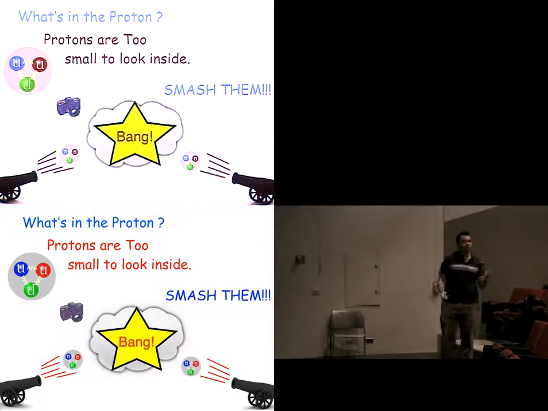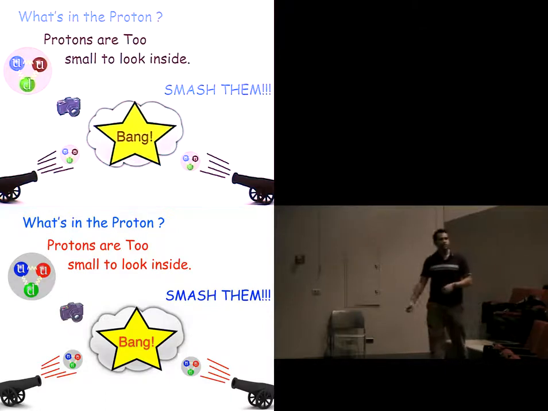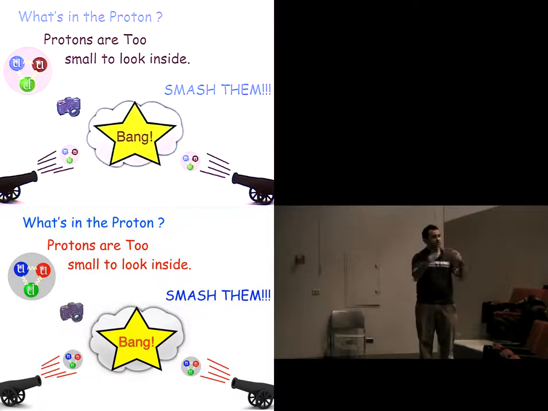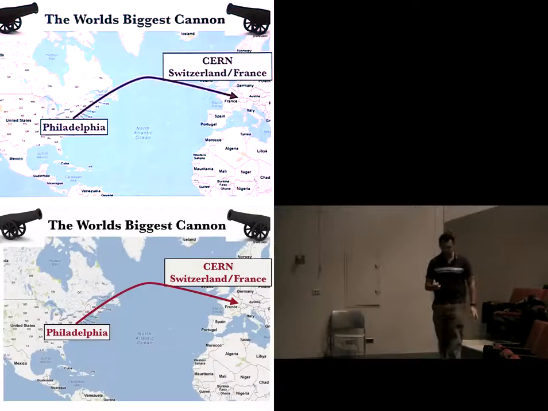So our only option is to smash them. Okay, and so that's exactly what we do. We have cannons that shoot them at one another. They collide. Stuff comes out very, very quickly, and we have to take pictures of it. So there's really two aspects of doing this. You have to have the cannon that smashes the things together, and you have to have the camera to take pictures of what comes out.